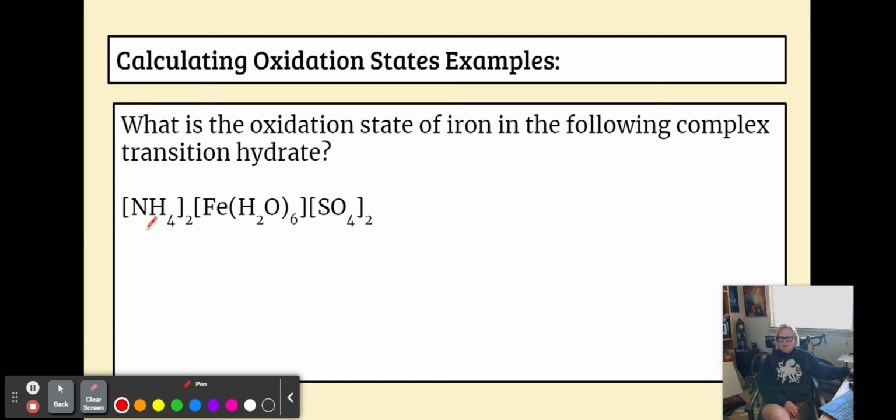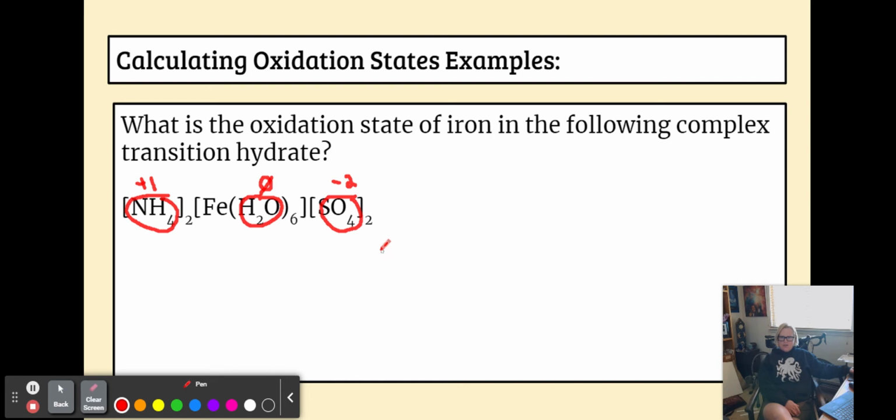Because I can look on my polyatomic table and realize that this whole thing, NH4, ammonium, has a +1 charge. I can look at my polyatomic table and realize that sulfate, SO4, has a -2 charge. And I know that water, H2O, is a compound that is neutral with no overlying oxidation state, so it has to have 0 charge.